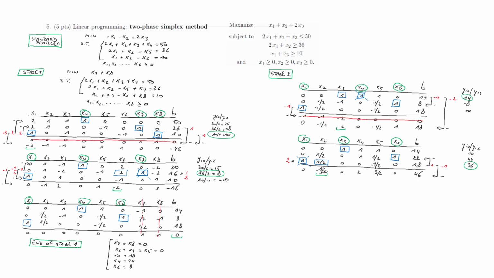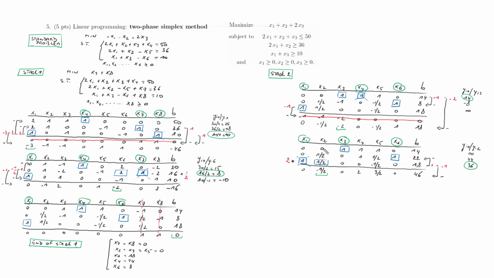So what we have to do now is decide which variable is going to leave the base, and for that we compute this column here in which we divide the elements of the column B by the corresponding elements of the column x2.